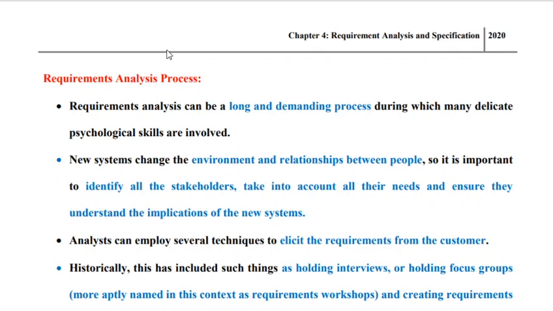In order to ensure that understandability is enhanced, we need to focus on what rather than how. So we need to specify what the system actually does rather than how the system actually does it. So these are the objectives of the three subphases of requirement engineering in the software lifecycle: requirement gathering, requirement analysis, and requirement specification.